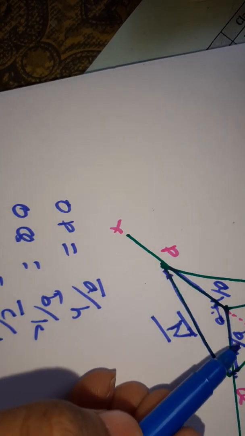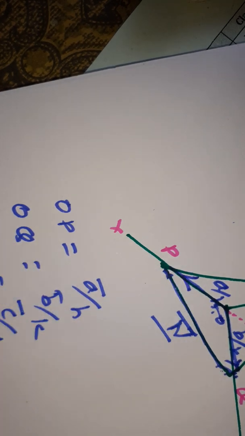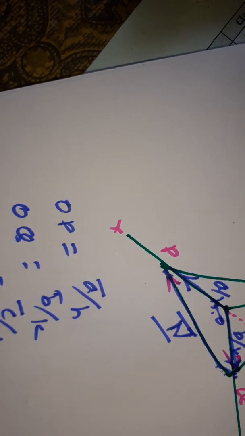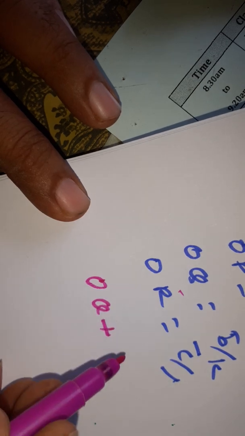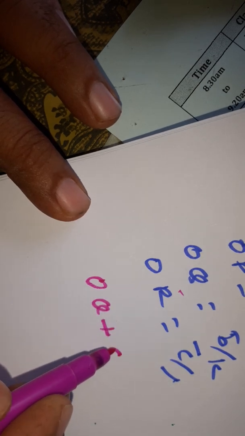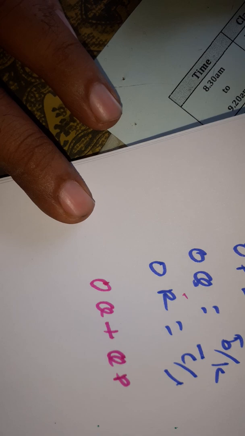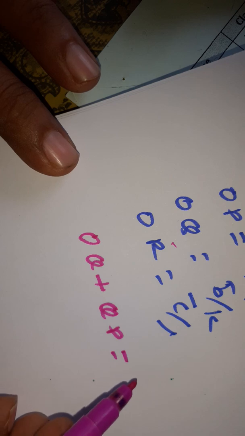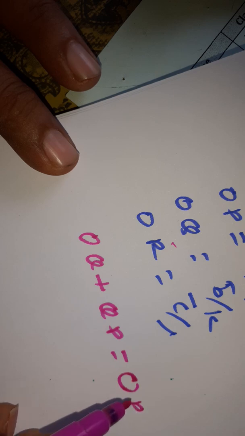So by using the triangle law, we get OQ plus QP is equal to OP.